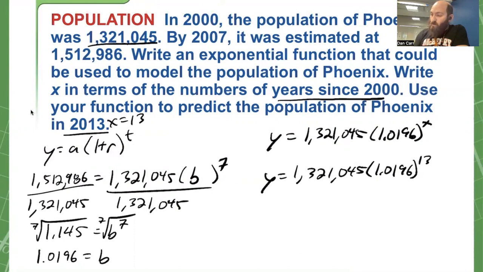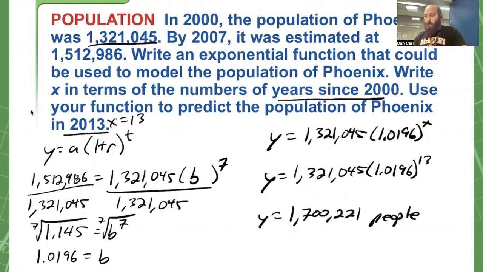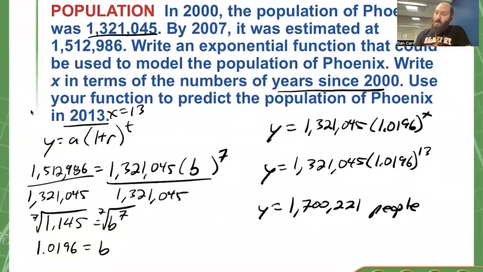Okay, so this is calculator work. Raise that to 13th power, multiply by this, and the population will come out to about 1,700,221 people.